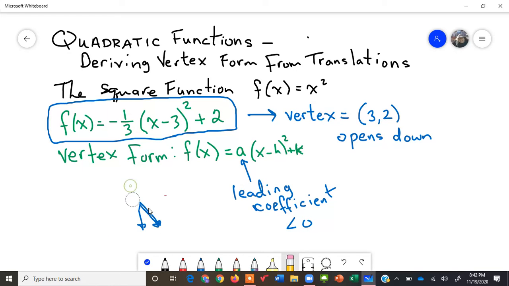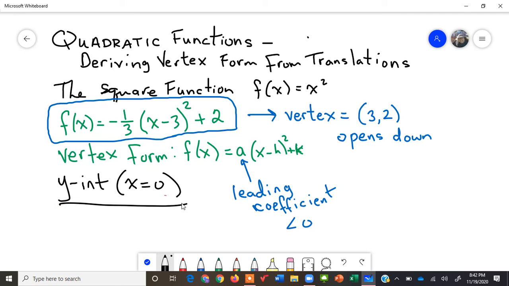So if we want to find, say, the y-intercept, when the graph crosses the y-axis, that's where the value of x is 0. So to find the y-intercept, we simply evaluate the function at 0.